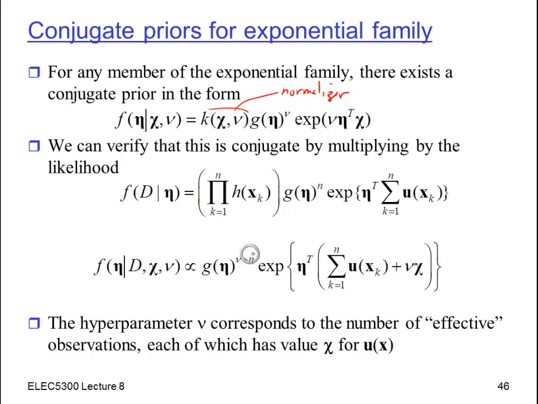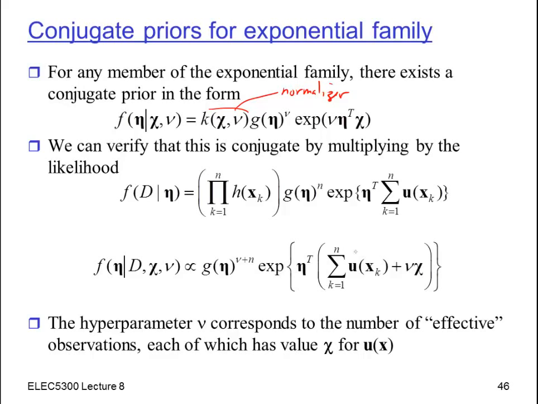And so here you can see that the posterior distribution, after I take into account n pieces of data, is obtained by taking this hyperparameter nu here and augmenting it by n. So this hyperparameter nu corresponds to kind of the number of effective observations in the prior.